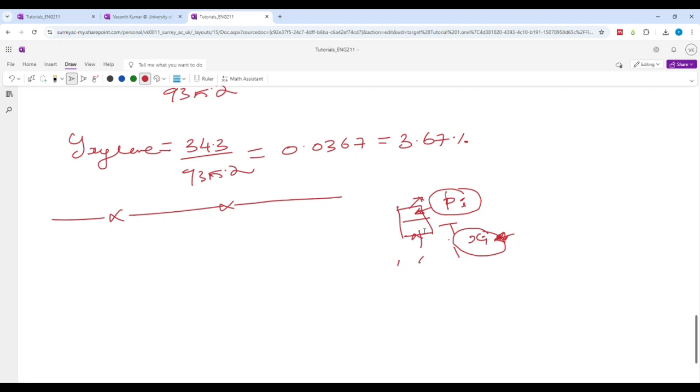That's all for this problem. And we also learned how to get the mole fraction of the components in the vapor phase, provided we know the total pressure and the partial pressure of each component on the vapor side.